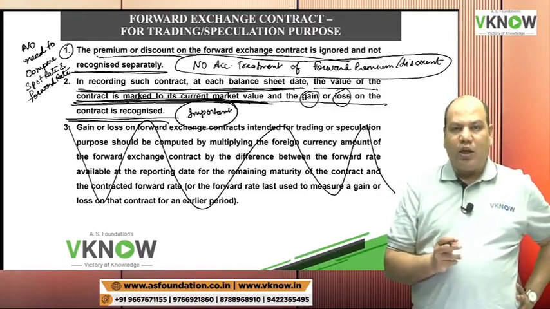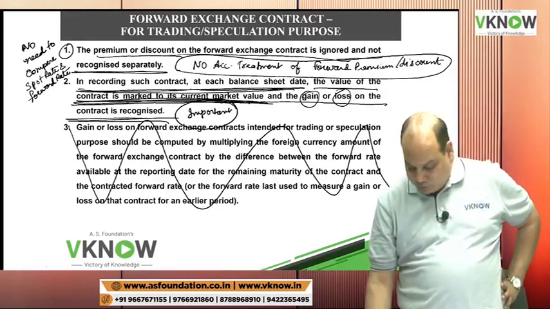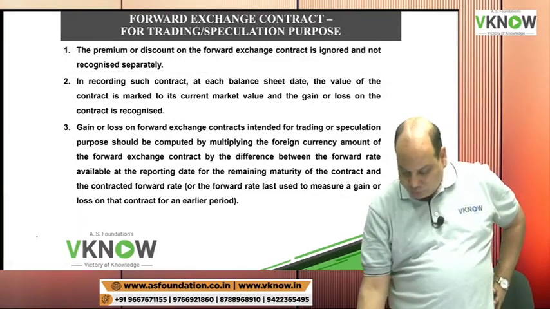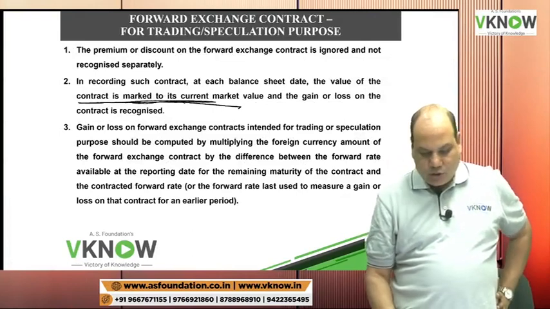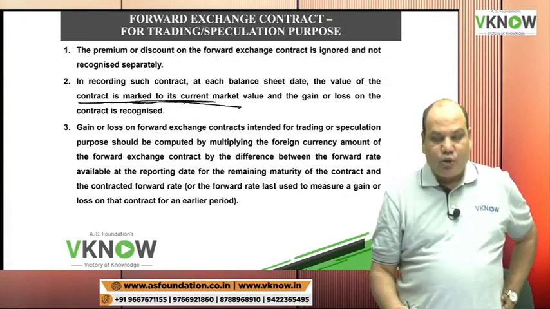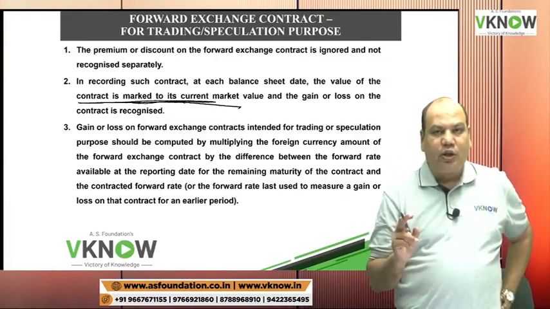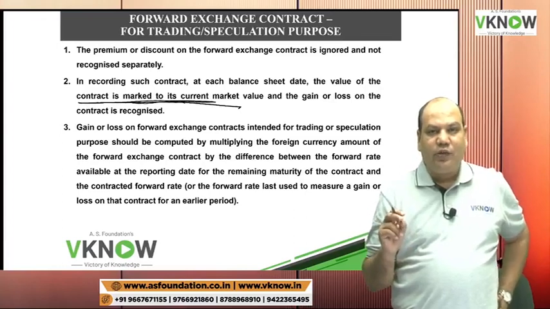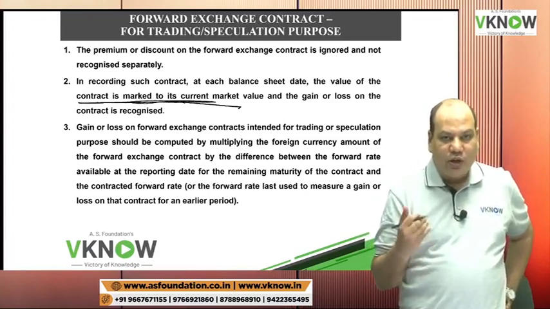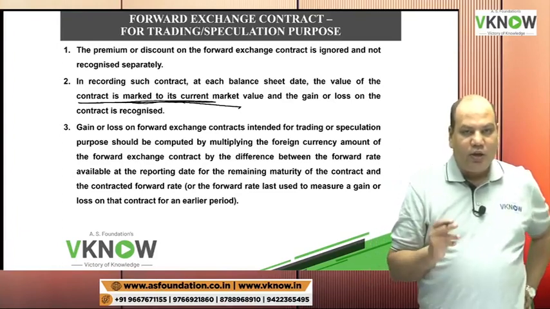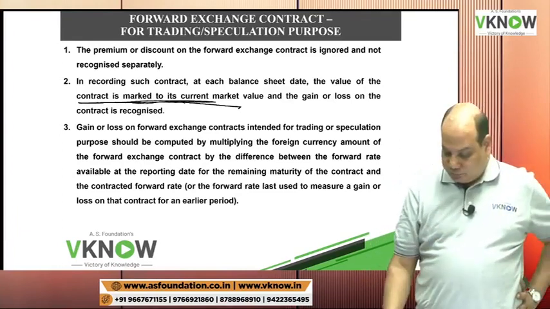That is called marking to market. Marking to market means on the reporting date you say how much is your potential gain or loss, because the contract is not settled. Till it is settled, it is potential gain or loss. Calculate it and recognize it in the P&L account.